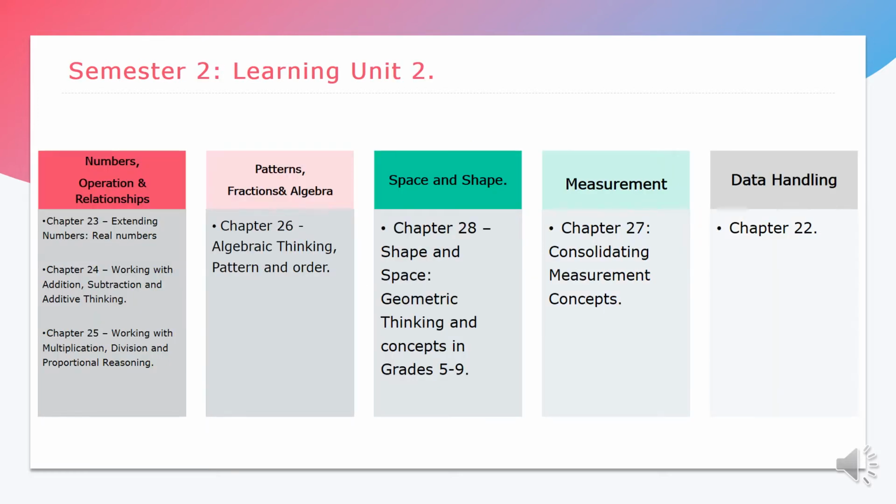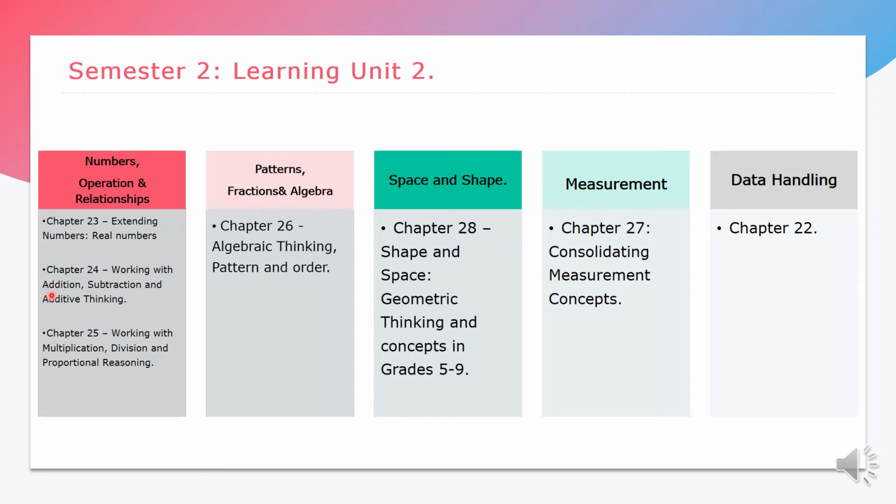Let's look at the content areas for the second unit and second semester. First one would be numbers, operations and relationships. Chapter 23, extending numbers, whole numbers.